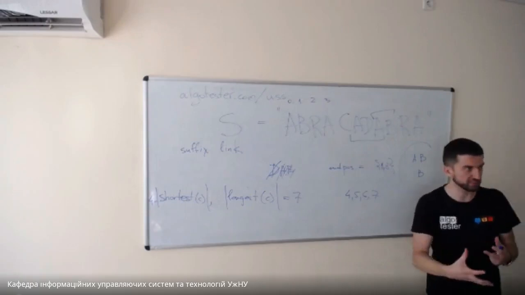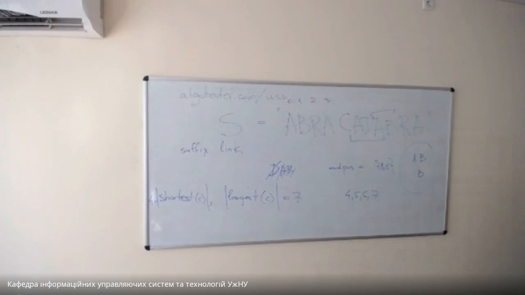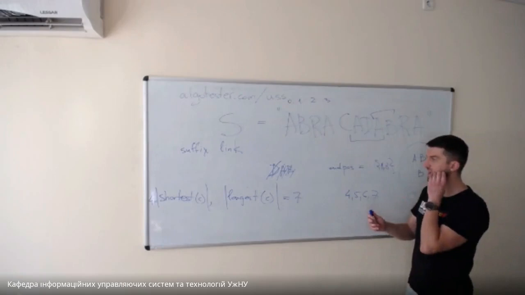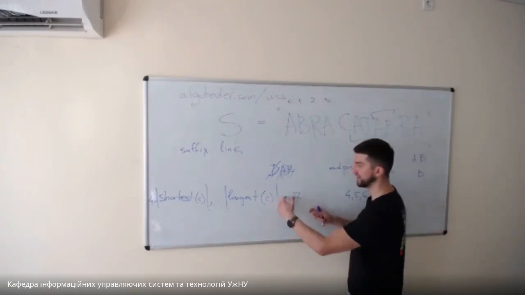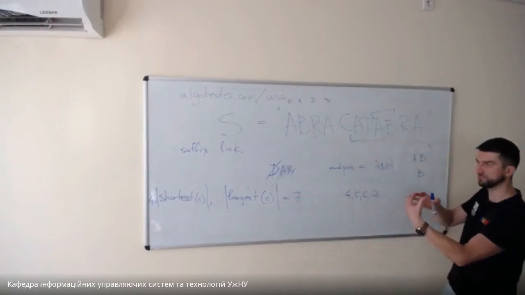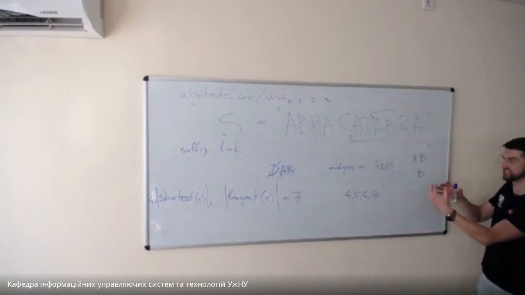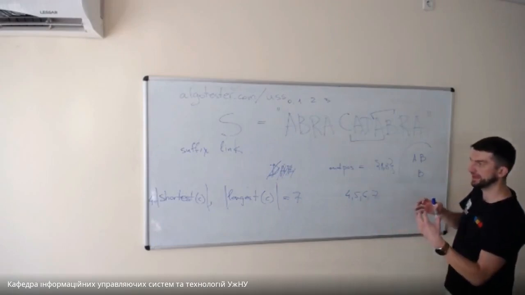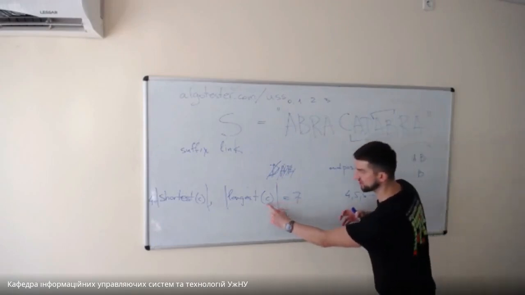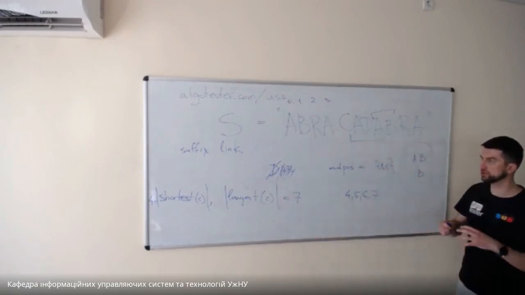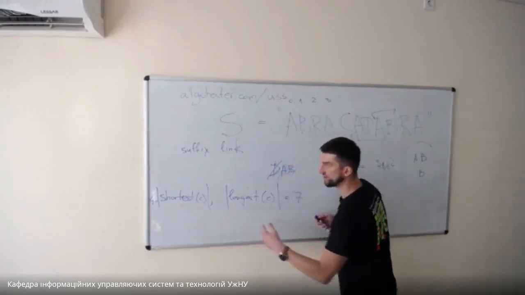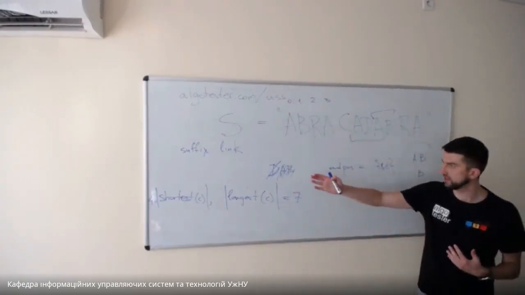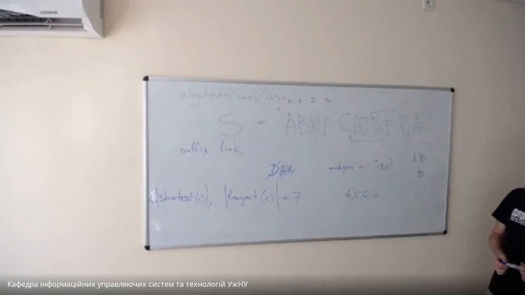Let's connect two classes of equivalence with the suffix link, and that suffix link means that we will make the end position set wider, and we will move from this class of equivalence to the wider one by removing exactly one letter from the left, from the shortest string in this class of equivalence.